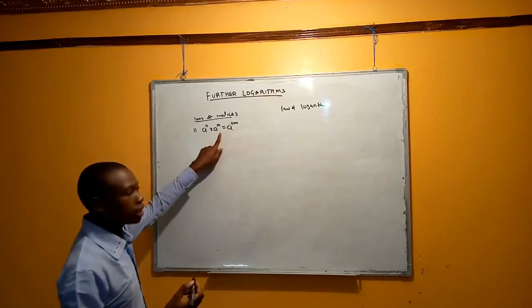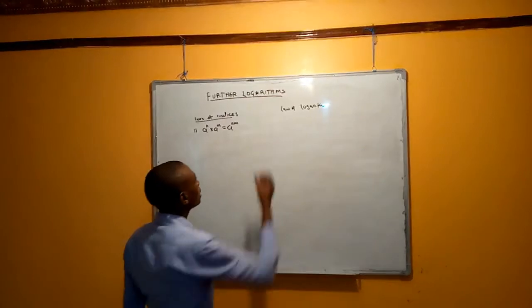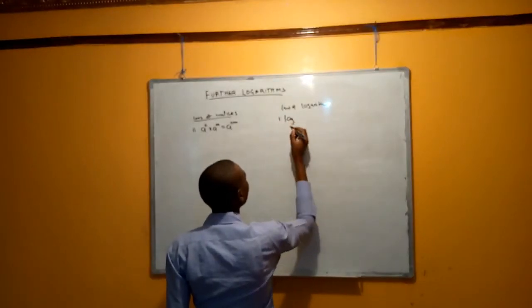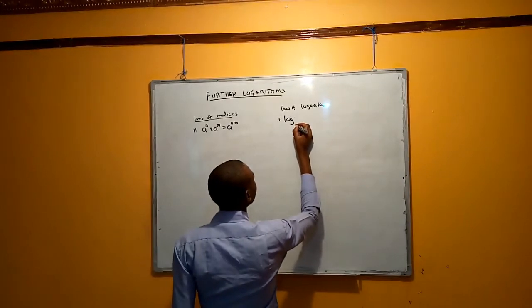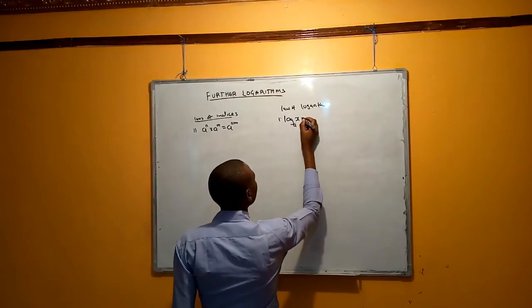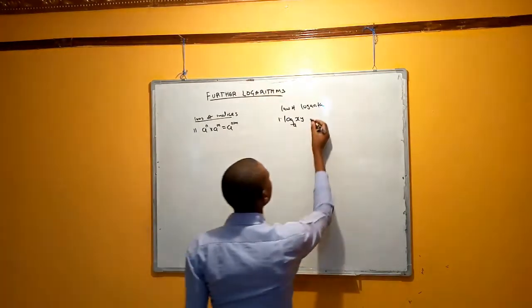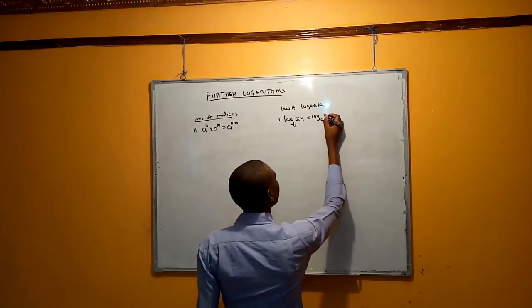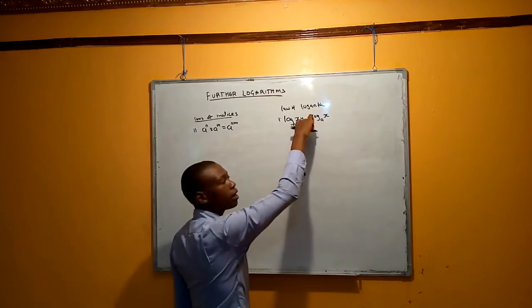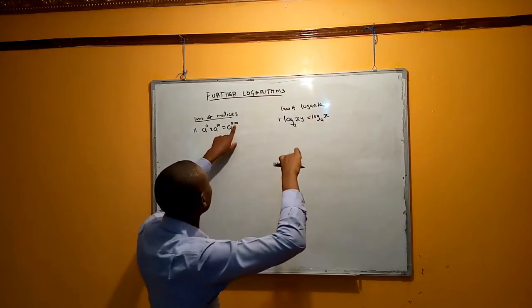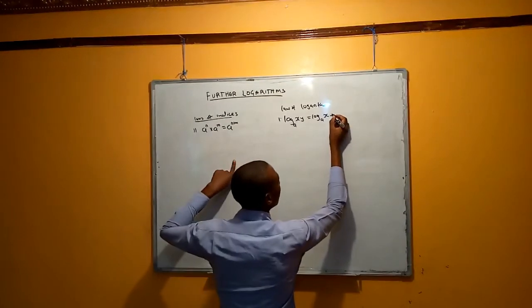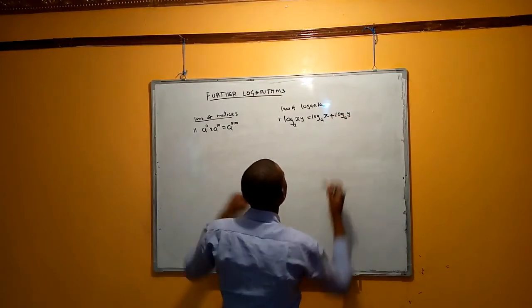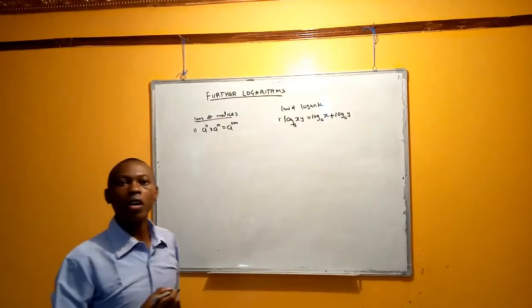So from this first law of indices, we get the first law of logarithm, that says that log to base a of xy is the same as log to base a x, but because here we have a multiplication and we add, you can just add log to base a y, and that is our first law of logarithm.